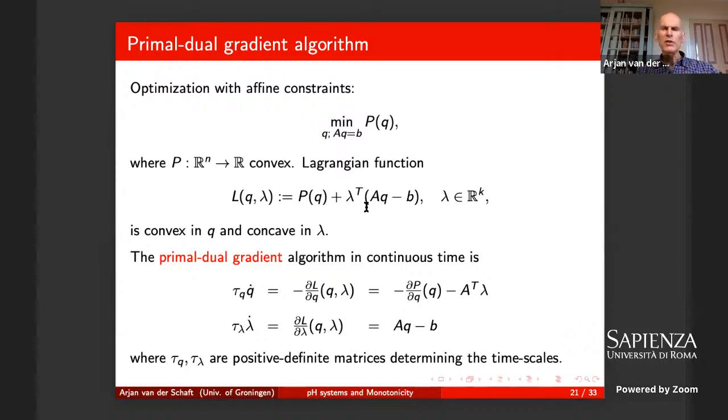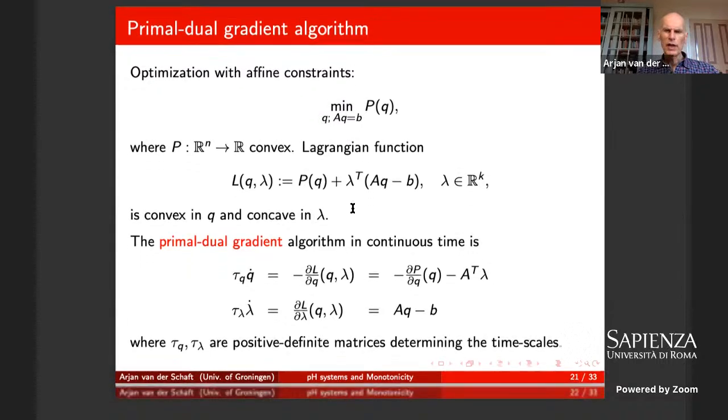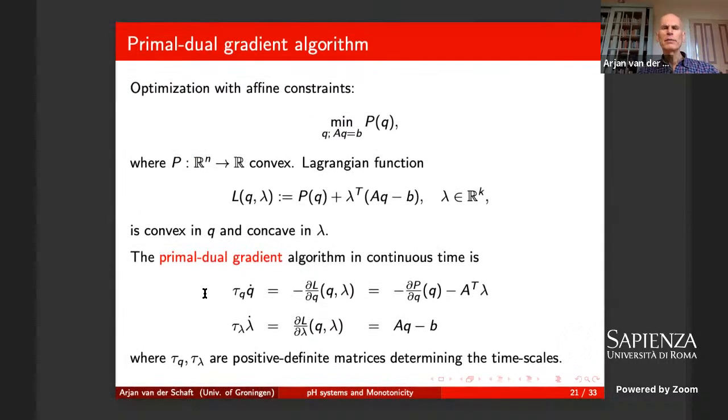Then of course you consider the Lagrangian given like this, where these are Lagrange multipliers, convex in q and concave in lambda, and then the primal dual gradient algorithm in continuous time is given like this, where again you have some matrices over here for specifying the timescales.